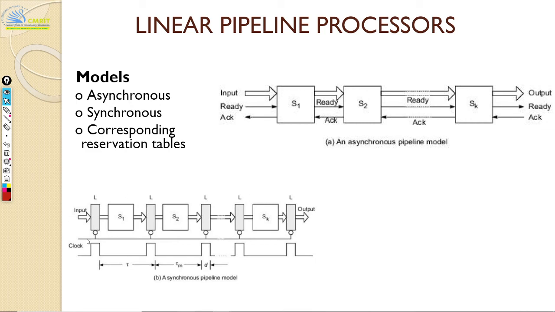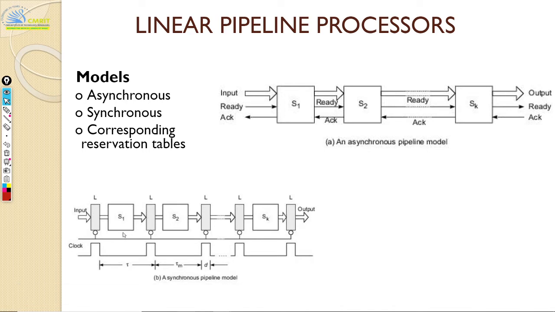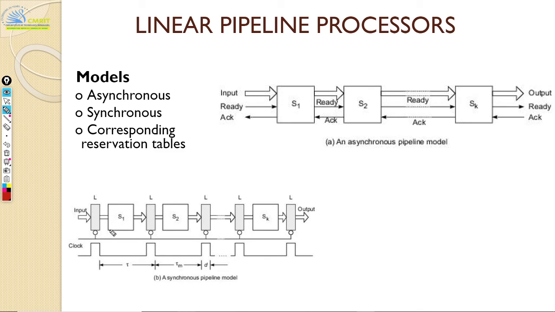And interestingly, your pipeline is always like this. If you check a synchronous pipeline, it's going to have these stages: S1, S2, S3, S4, and so on. What is this stage?